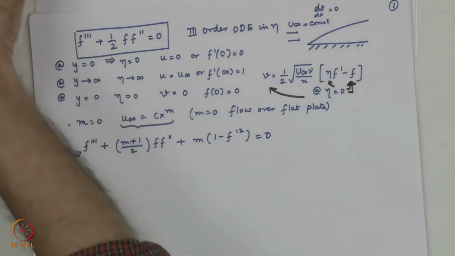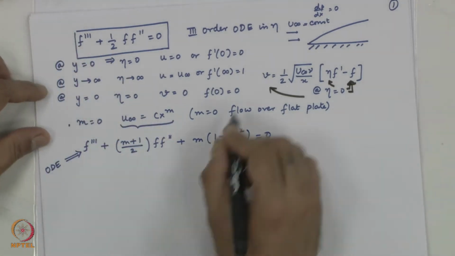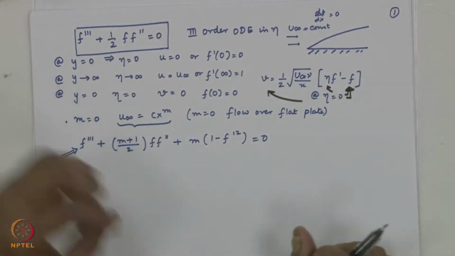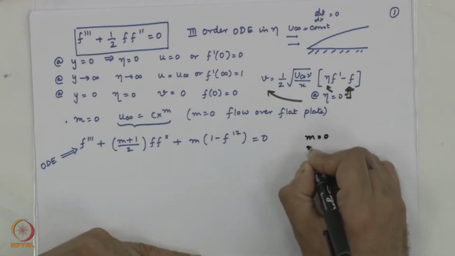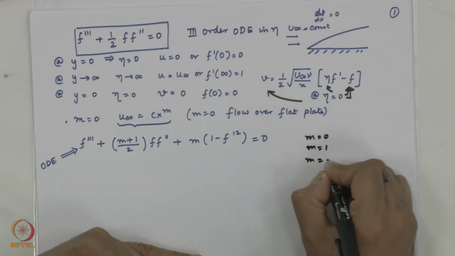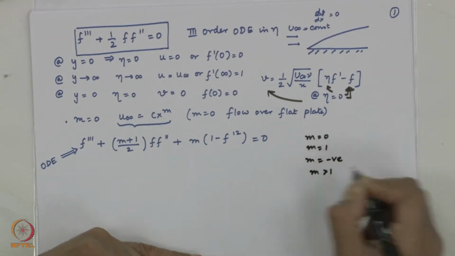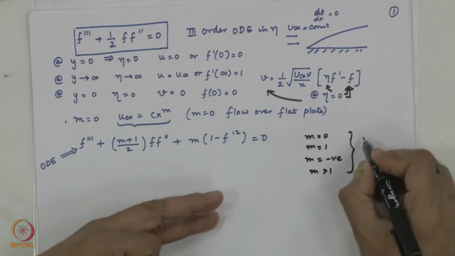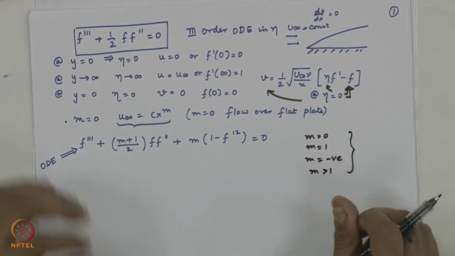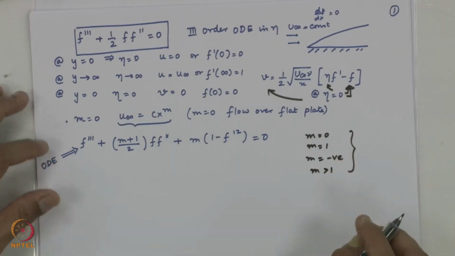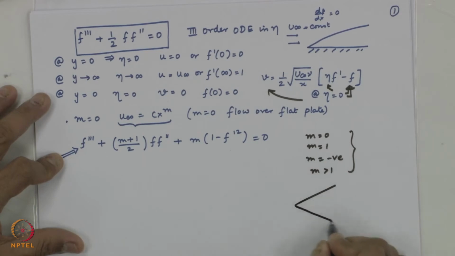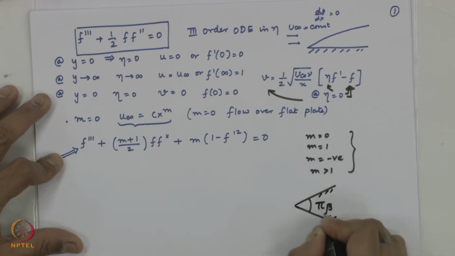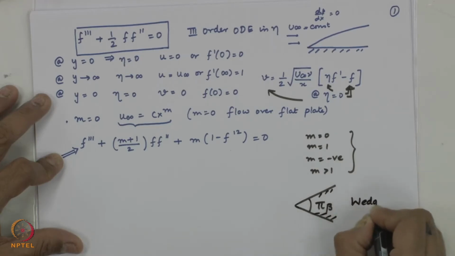When m equal to 0 you got this equation. So, values of m being 0, m equal to 1, m negative, m greater than 1, all these represent flow situations, and this is called a problem of wedge flow with the central angle pi beta. This is a wedge flow problem.